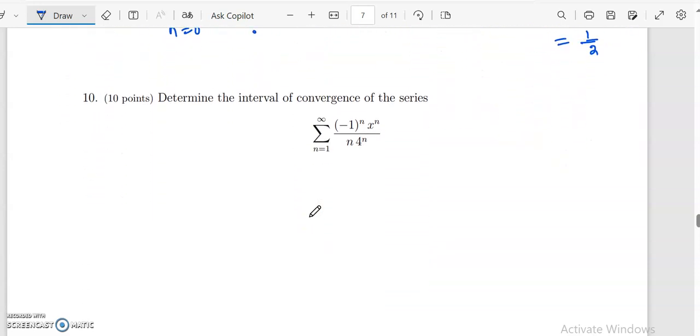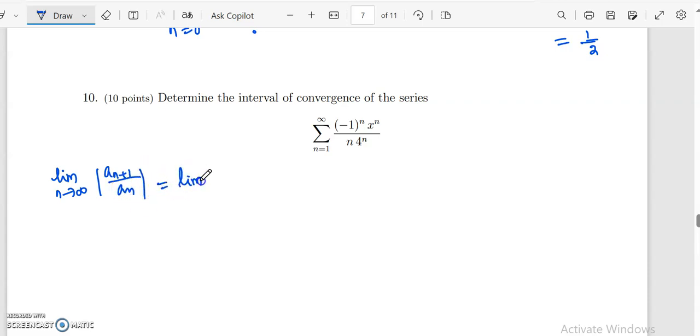Next problem, we need to determine the interval of convergence of the series. So we'll evaluate limit n tends to infinity modulus of an plus 1 by an.